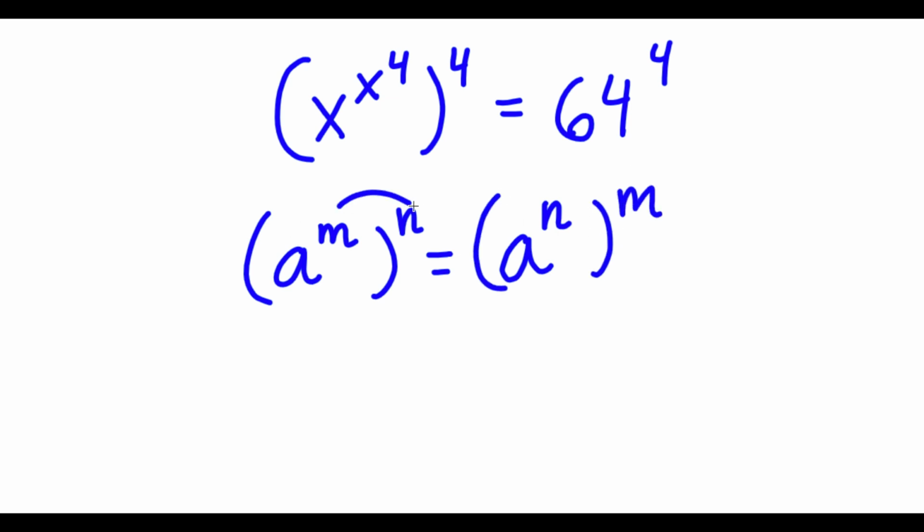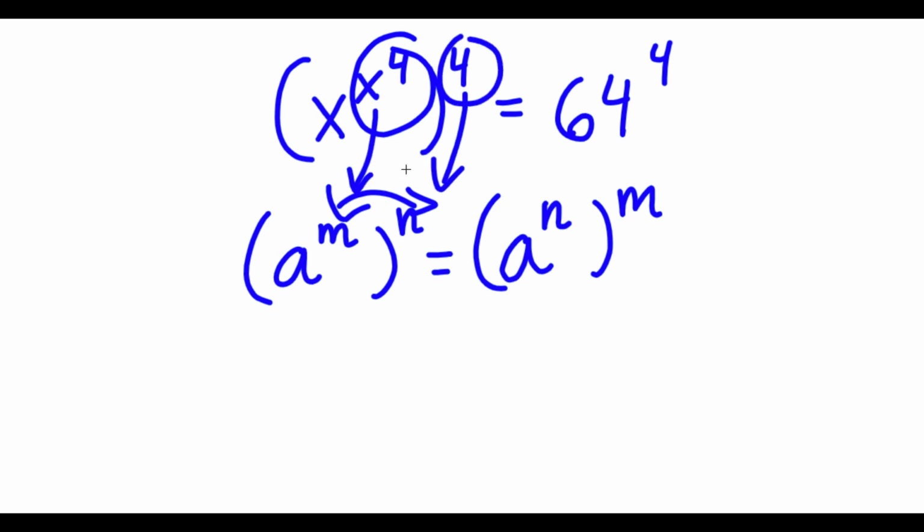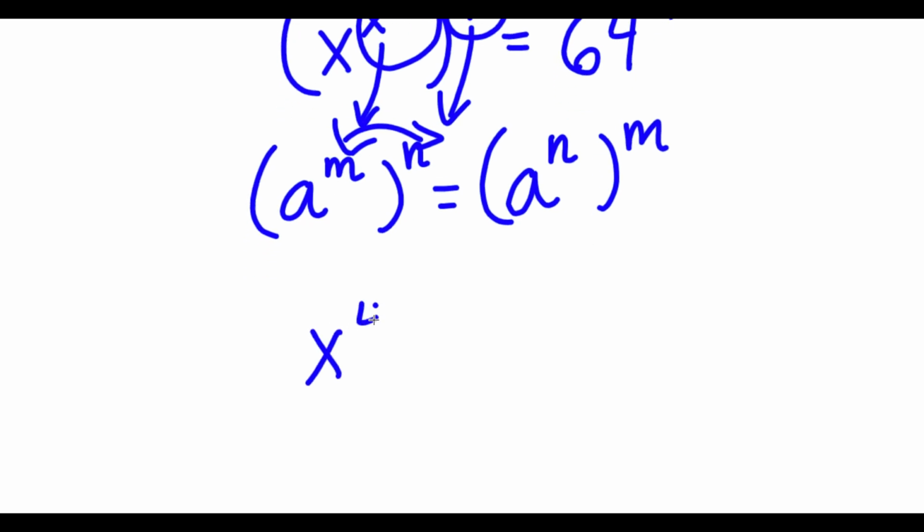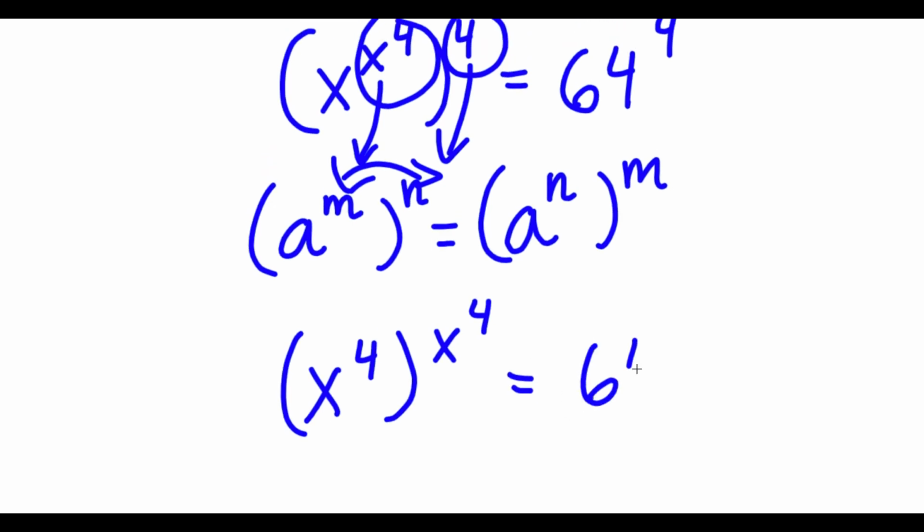So I can switch the places of m and n here. So in this case, we can think of x to the power 4 here as m and 4 as n. So if I switch the places of these two, I get x to the power 4 to the power of x to the power 4 is equal to 64 to the power of 4.